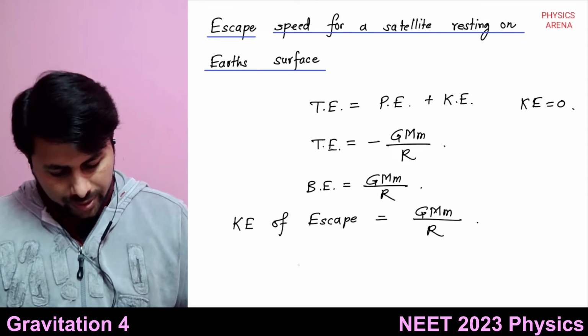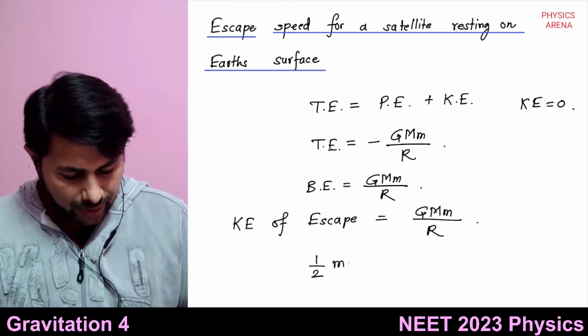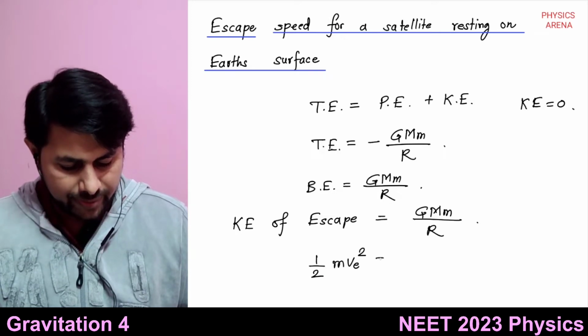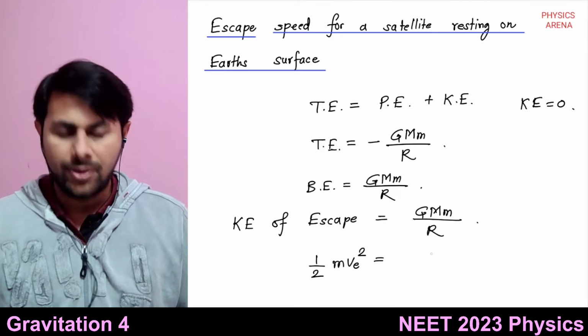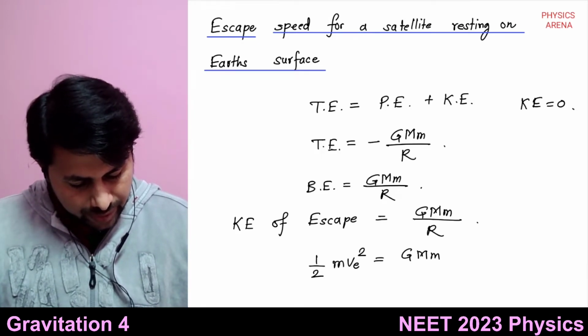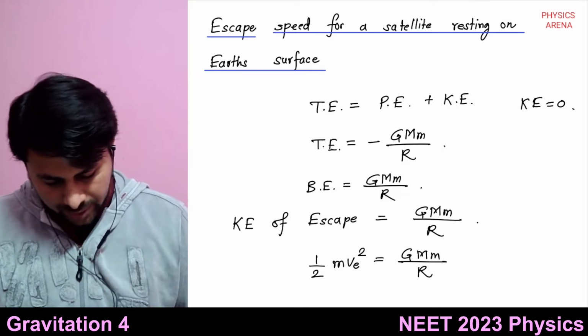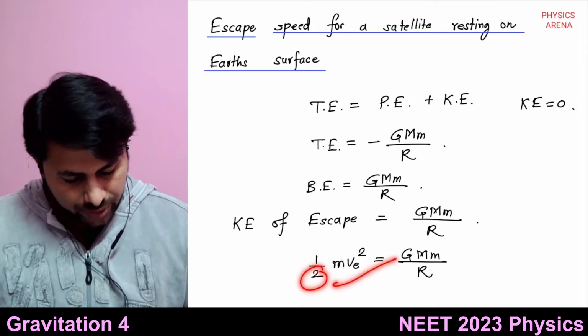Okay, so now let's substitute kinetic energy equals half of m into v square. So that is half of m into v square is equal to GMm divided by R. So this m and m get cancelled. Take 2 on the other side.